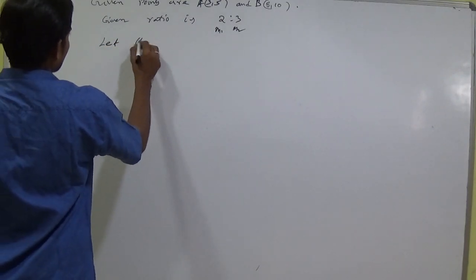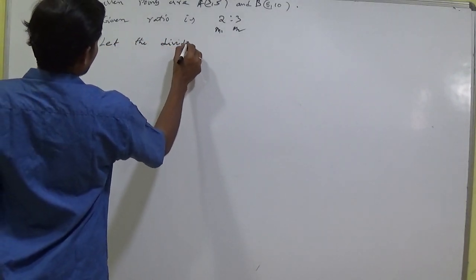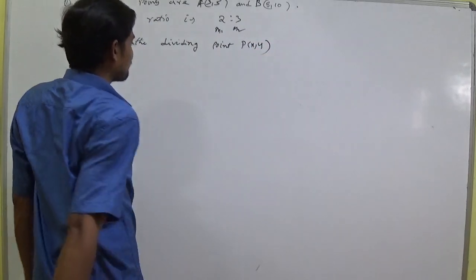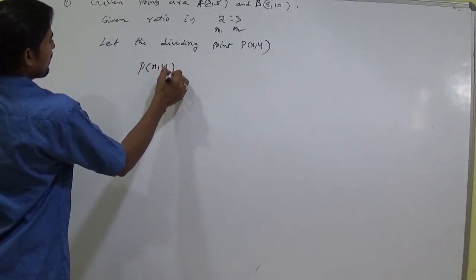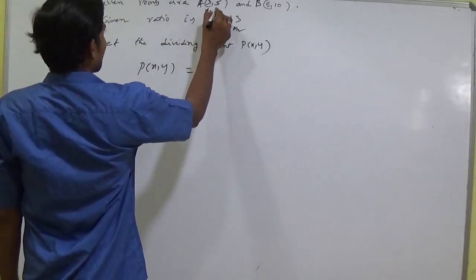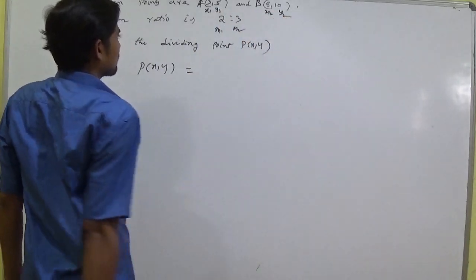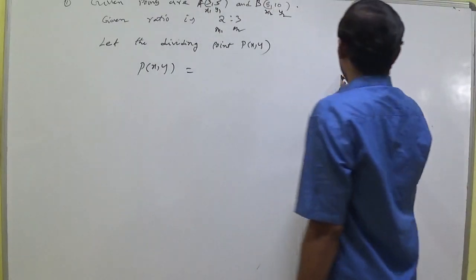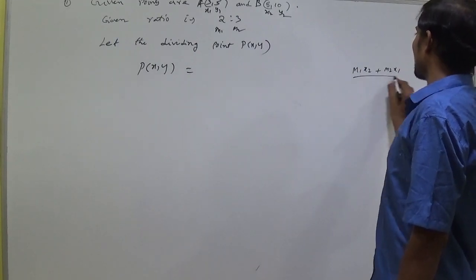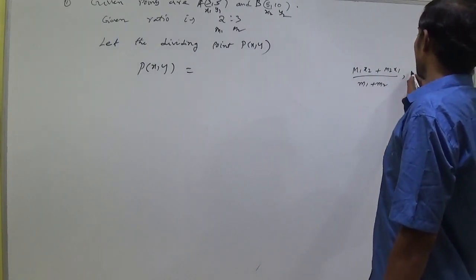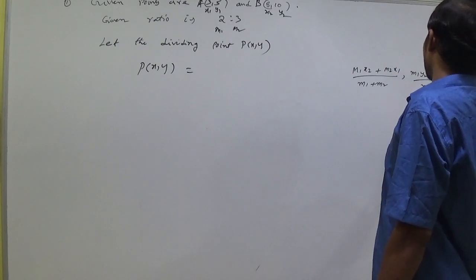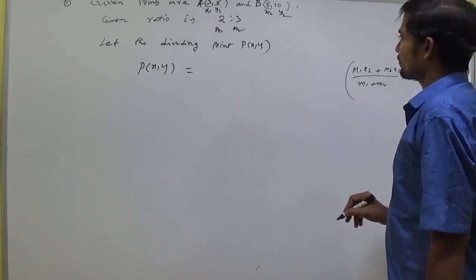Let the dividing point be P(x, y). P(x, y) equals the section formula. Let us suppose (x1, y1) and (x2, y2). Always remember this formula: (m1 x2 + m2 x1)/(m1 + m2) and (m1 y2 + m2 y1)/(m1 + m2).